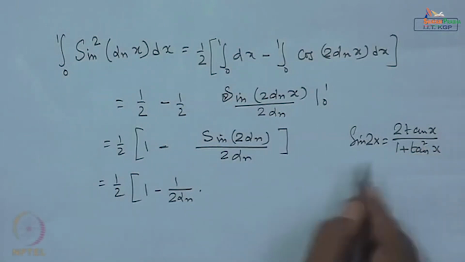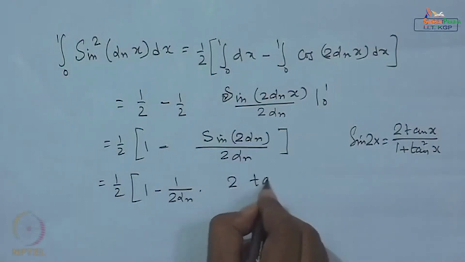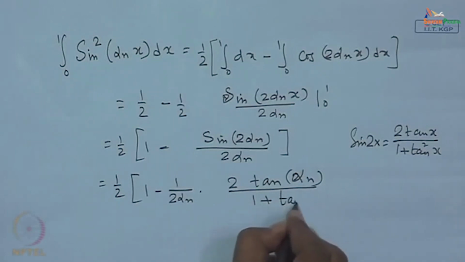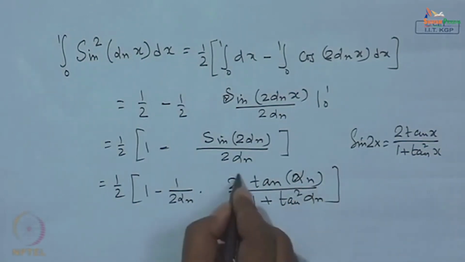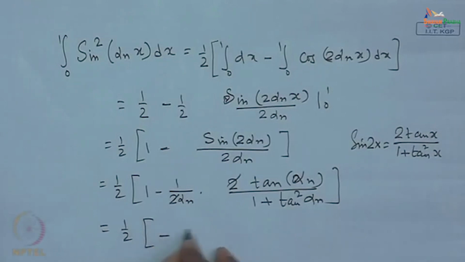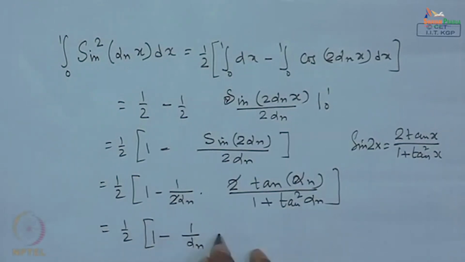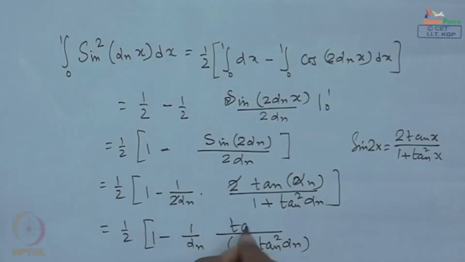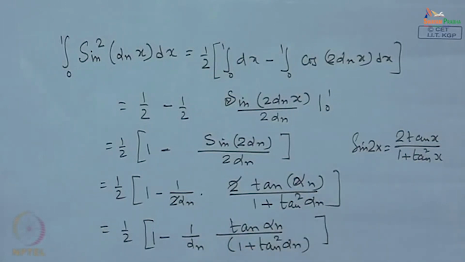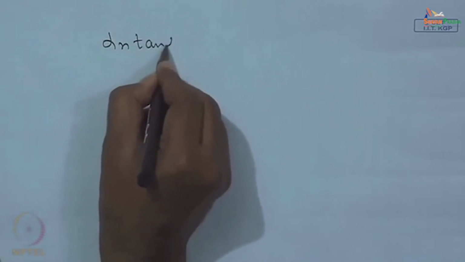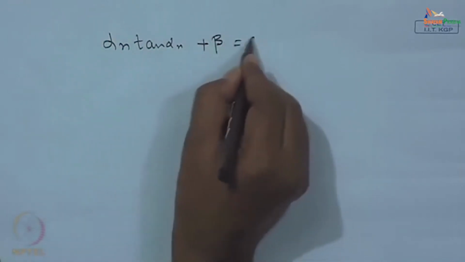Using this identity, we put it here. So, this becomes 2 tan alpha_n divided by 1 plus tan square alpha_n. So, 2 will be cancelling out. So, this becomes half times 1 minus 1 over alpha_n, divided by 1 plus tan square alpha_n, and in the numerator you will be having tan alpha_n. Now, if you remember, the transcendental equation we were getting was alpha_n tan alpha_n plus beta should be equal to 0.